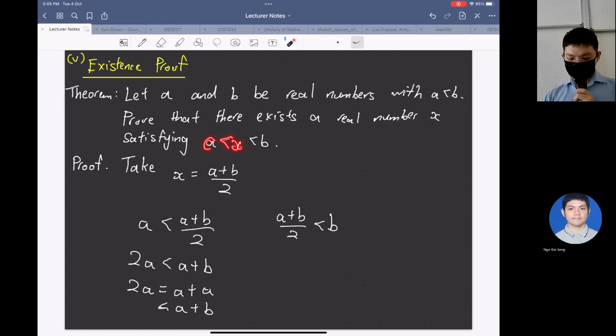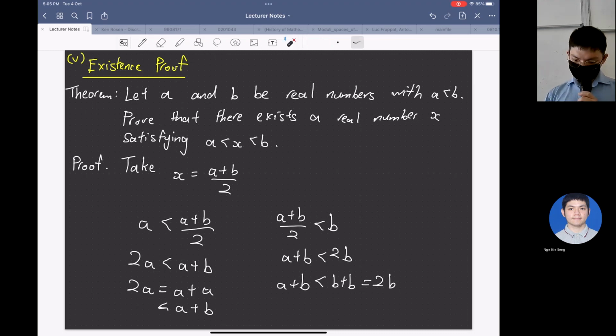X is greater than A and X is less than B. So let's check. A plus B is less than 2B, because 2B equals B plus B, which is greater than A plus B, using the assumption.